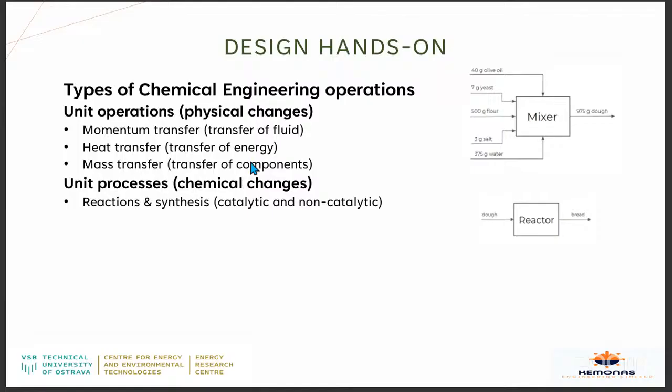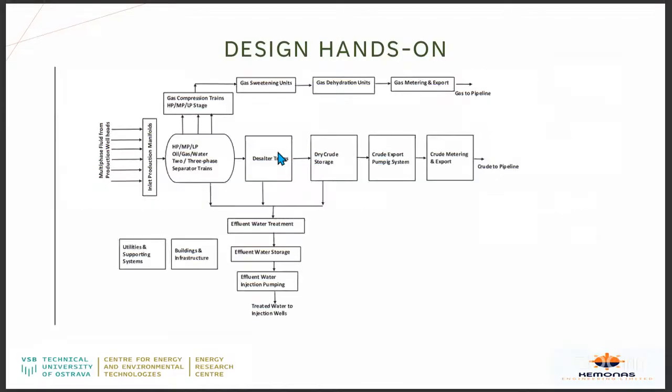For example, if you have a mixture of natural gas and you're transferring all the components from one point to another, and it goes through a separator, like the three-phase separator that we saw here.